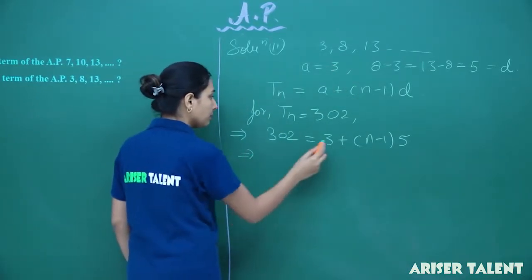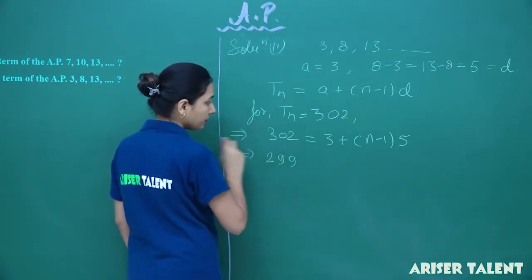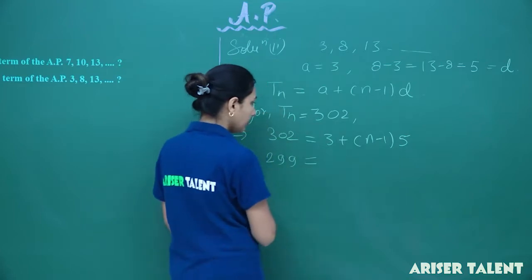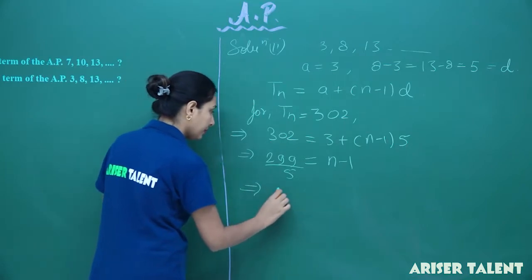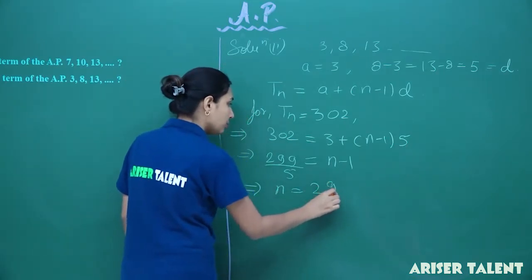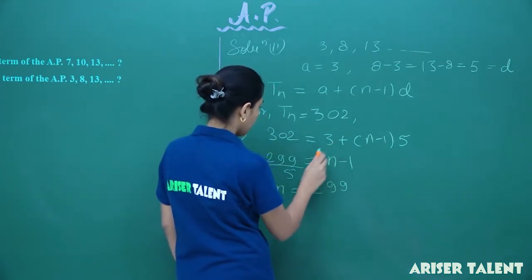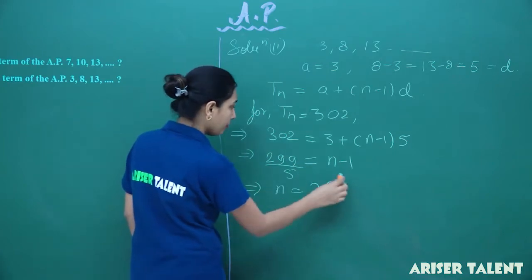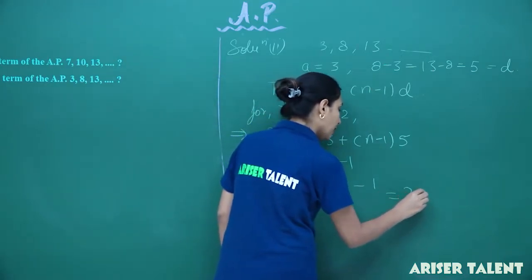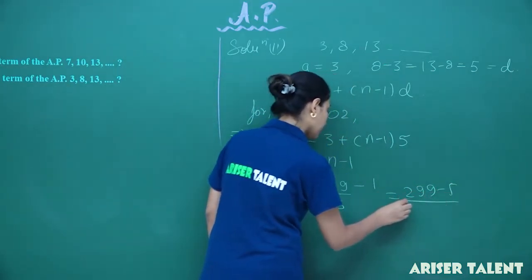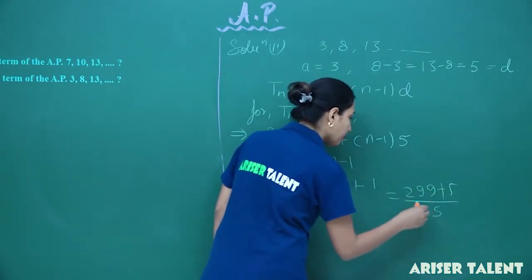So what will it give you? 302 minus 3 gives 299, equals (n minus 1) times 5. Now n will be equal to 299 by 5, plus 1. So it will become 299 plus 5, divided by 5.